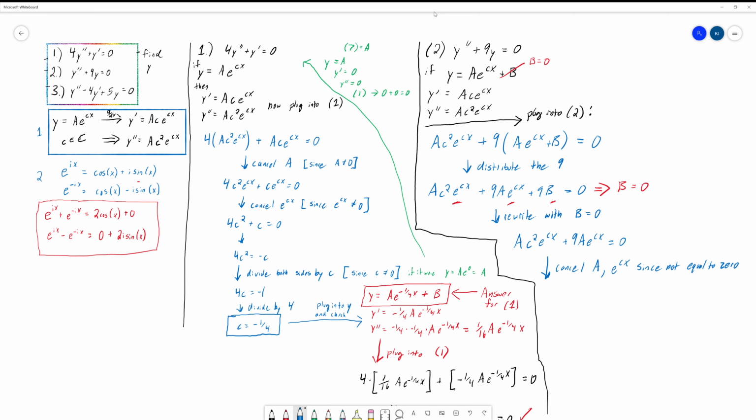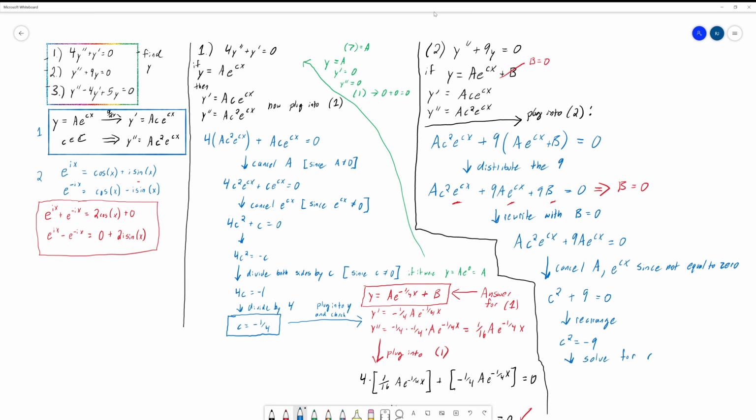So now you'd be left with the a's gone and the e's gone. So c squared plus 9 equals 0. And now rearrange, and we get c squared equals negative 9. And now we're going to solve for c.